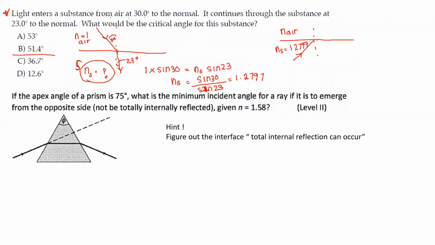So that means your second medium is air. So you can directly find this: sine theta c times 1.2797 is 1 times sine 90, which is also 1. So your theta c is sine inverse of 1 divided by 1.2797. So your answer will be 51.4.